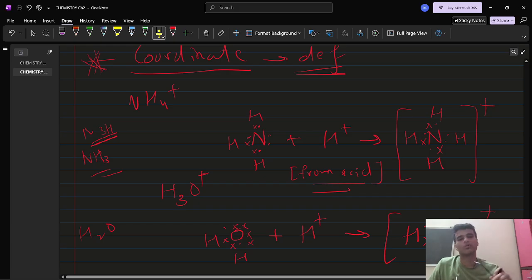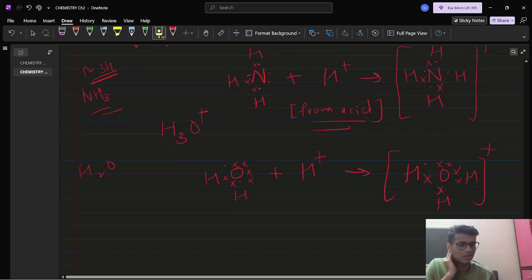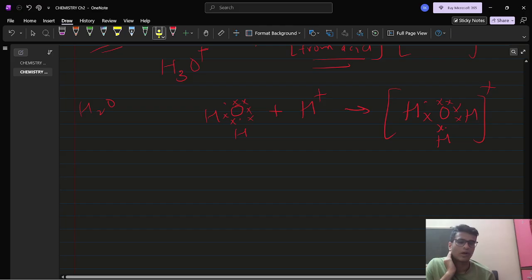You cannot show one cross and one dot, because that is the entire idea of coordinate covalency: only oxygen is giving this. It is not that hydrogen gives one of its own; no, oxygen alone gives both.